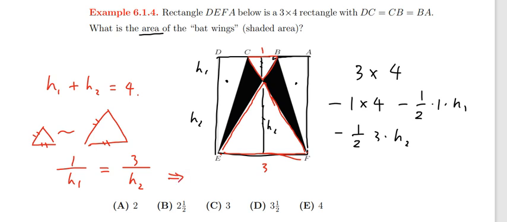We can say h2 equals 3 h1. So we find h1 equals 1, h2 equals 3. So we can easily find the area for this.